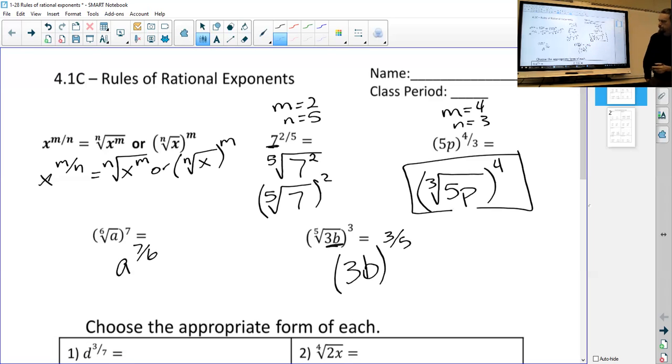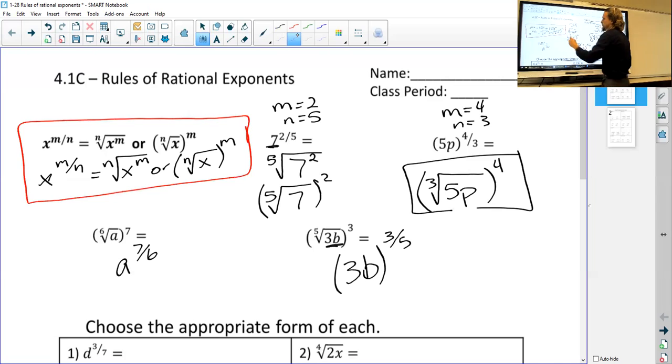So the 5th root of 3b cubed is 3b to the 3/5 power. Okay, I know it looks kind of weird, because it is kind of weird. Just don't forget, it's just one rule. They wrote it down twice because that's how important it is. If you have that one rule and you remember to use it correctly, you'll do just fine.